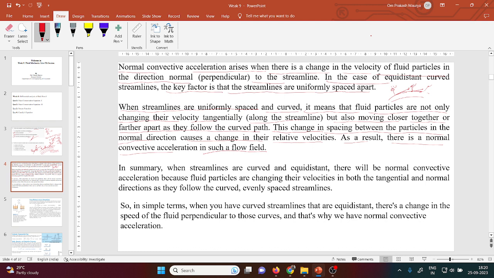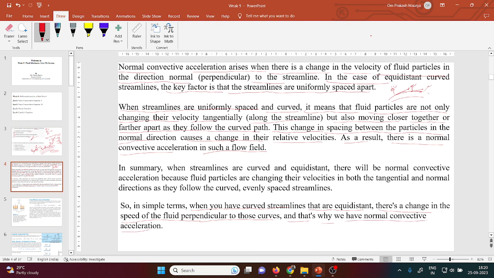Let me discuss it in a very simple way. When you have curved streamlines that are equidistant, there is a change in speed of the fluid perpendicular to those curves, and that's why we have the convective acceleration.